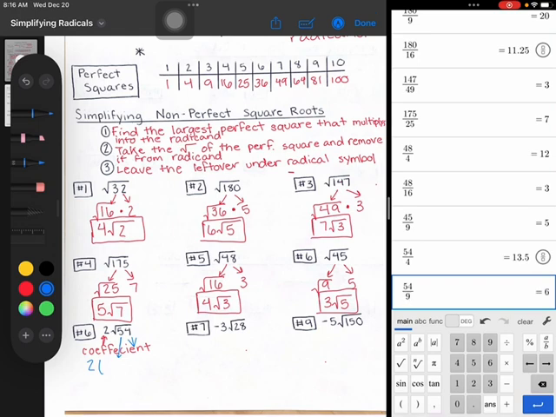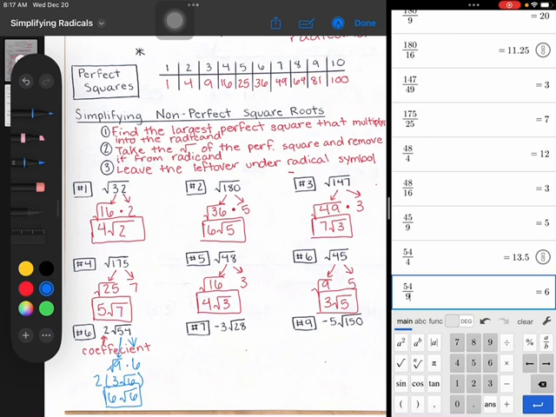So 9 times 6, the square root of 9 is 3. So I would have 2, and then 3 square root 6. So I'm just multiplying the coefficient by that number in front. So 2 times 3 is 6, so it'd be 6 square root 6.